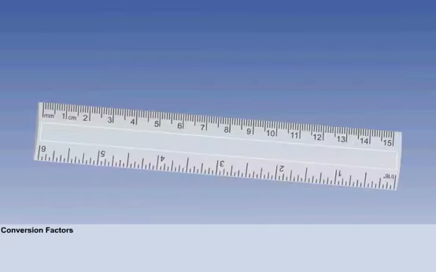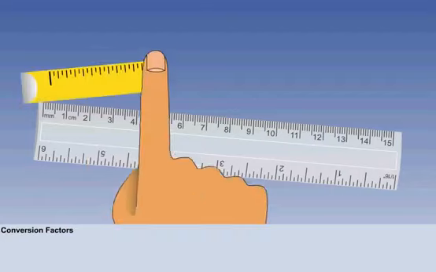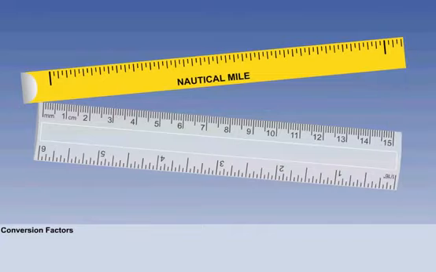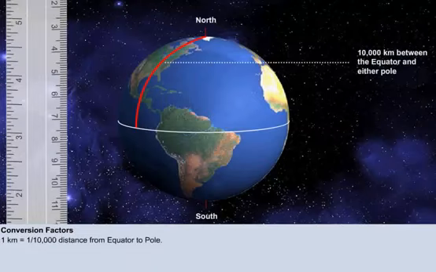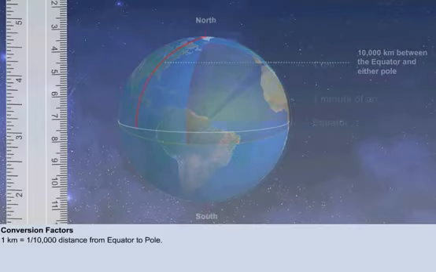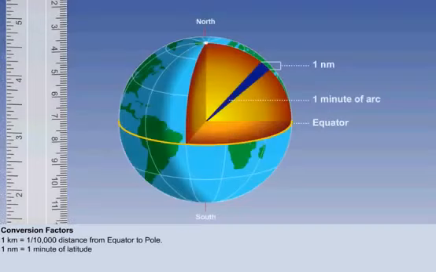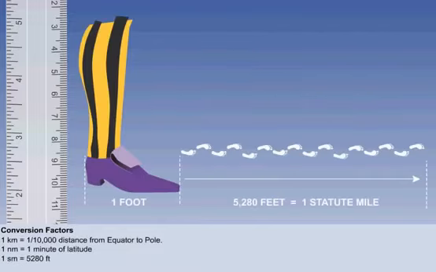An understanding of how to convert from one unit of distance measurement to another is important for solving some navigation problems. We have defined a kilometre as 1/10,000th of the distance from the equator to the pole, and that a nautical mile is equivalent to 1 minute of latitude, and that a statute mile is 5,280 feet.